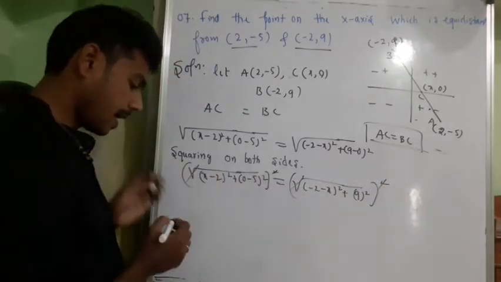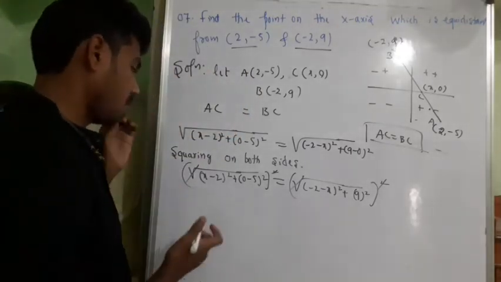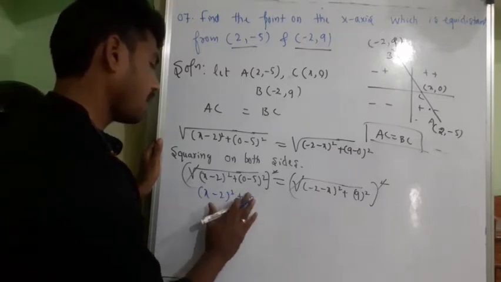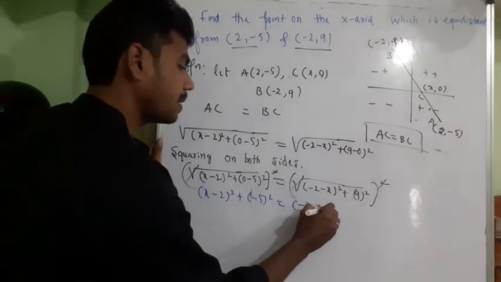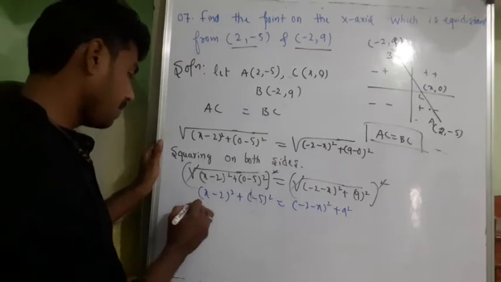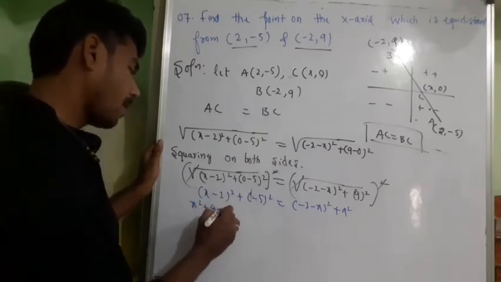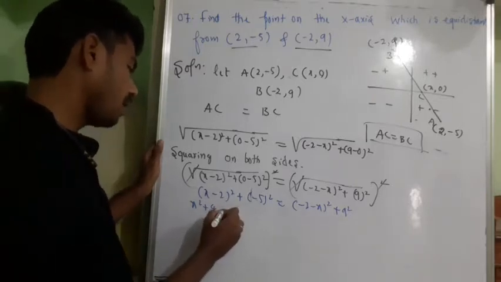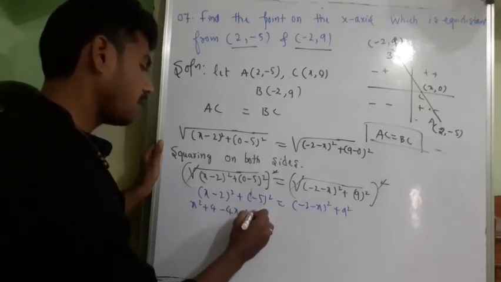Expanding, (x minus 2) whole square is x square plus 4 minus 4x, using a minus b whole square, plus 25.